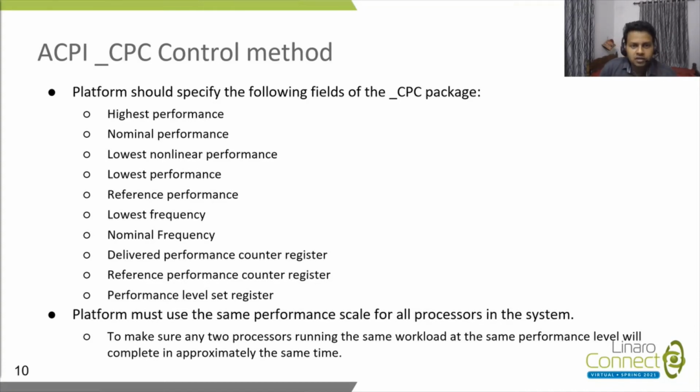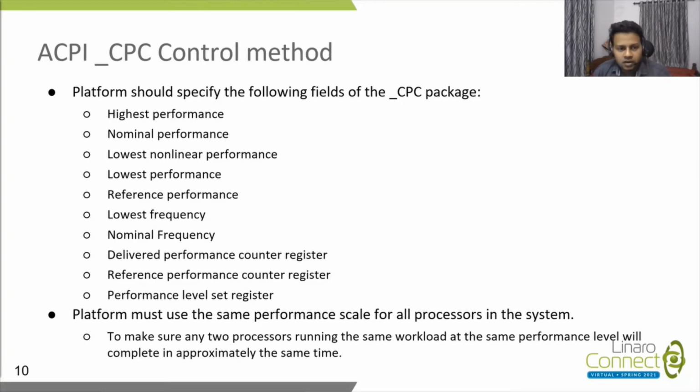Other than the CPC package, it is also required to declare the _PSD, or P-state dependency, control method under each of the CPU objects. Also, on making the performance scale, the platform must use the same performance scale for all processors in the system.